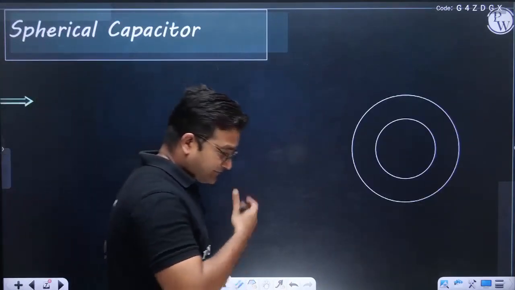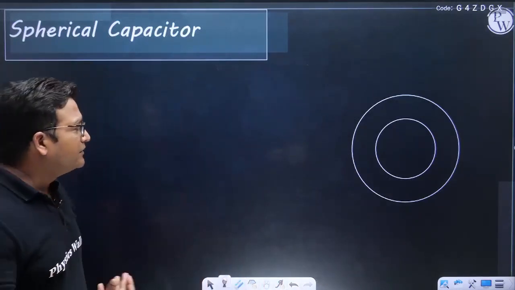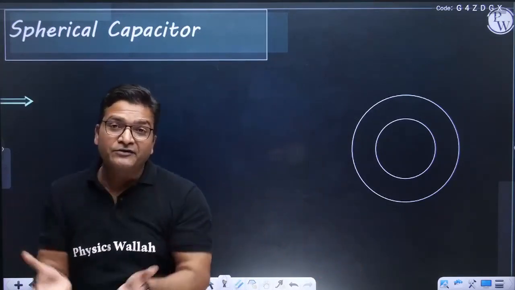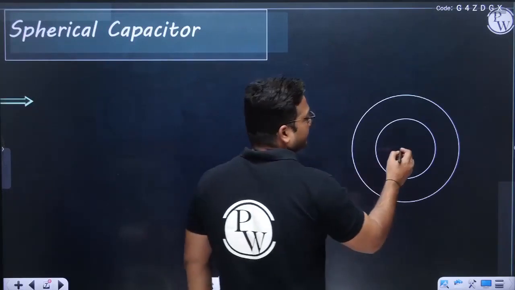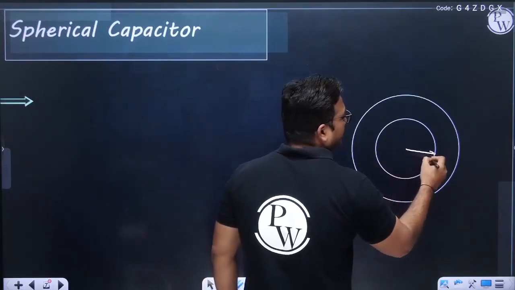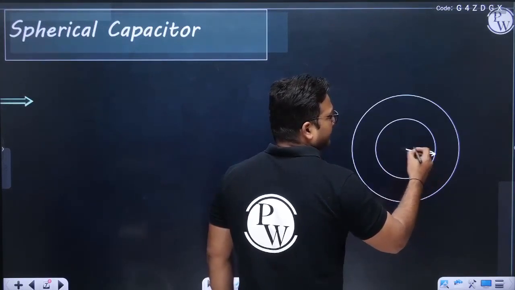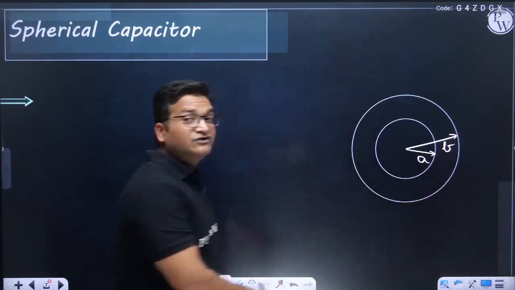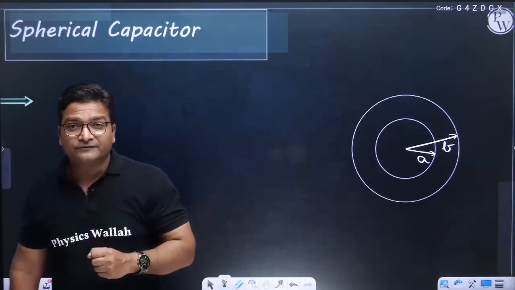Spherical capacitors, though they are less common, still have a concept. If we have two concentric metallic spherical shells, and say the radius of the smaller shell is A and the radius of the bigger shell is B, these two shells behave as the two conductors of a capacitor.